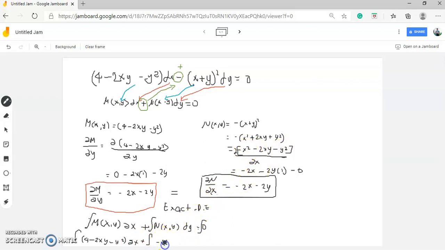You have negative x squared, which has not been derived yet. So this is just extracted: negative x squared minus 2xy minus y squared. So that is for our N, dy equals 0.